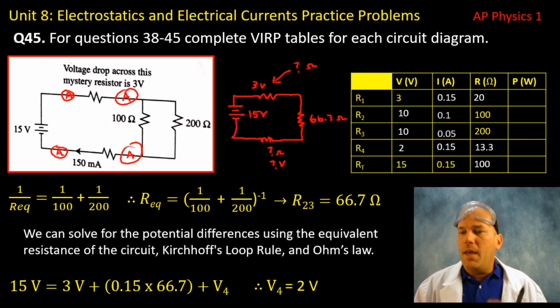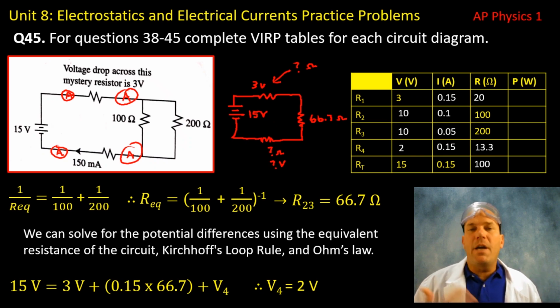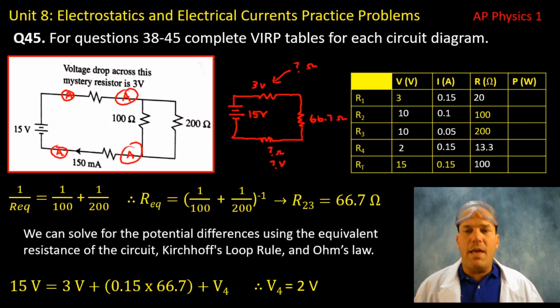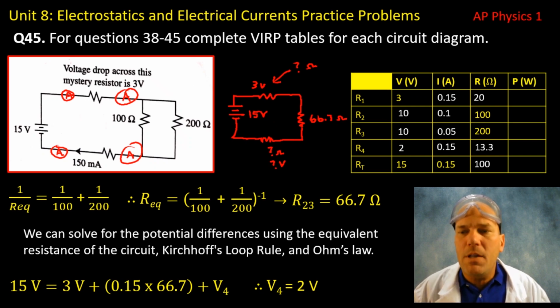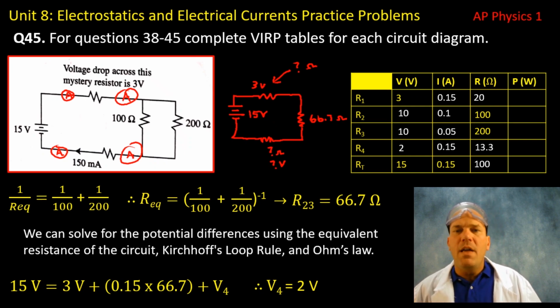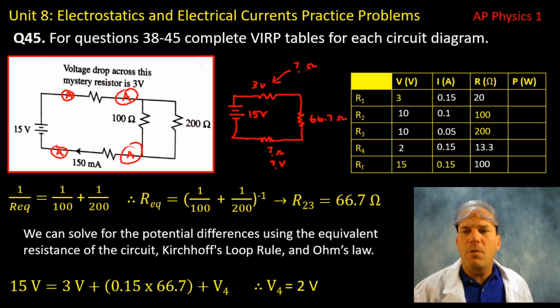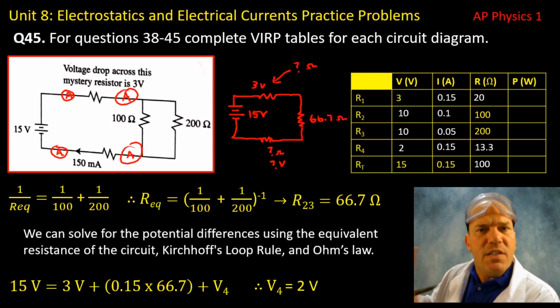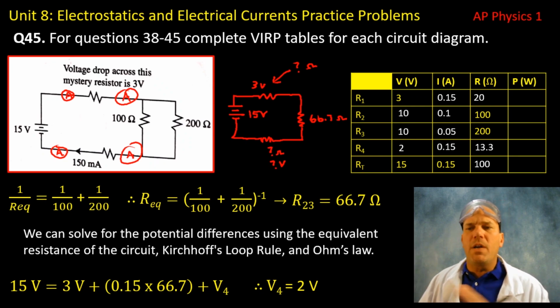Last, we're able to find the current that goes across R2 and R3. Please note Kirchhoff's junction rule, conservation of charge: the current splits across the parallel combination, where you have 0.1 amps going one way and 0.05 amps going another way.